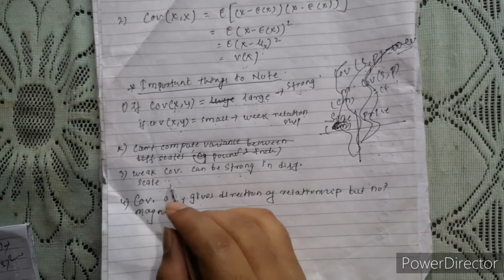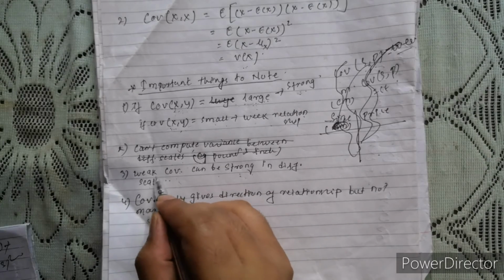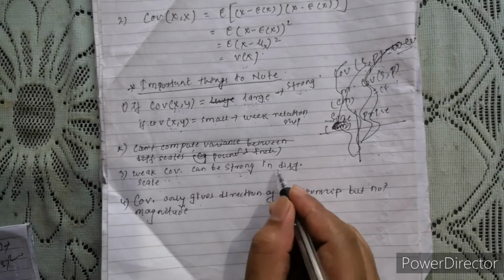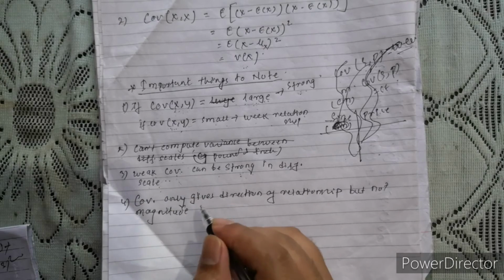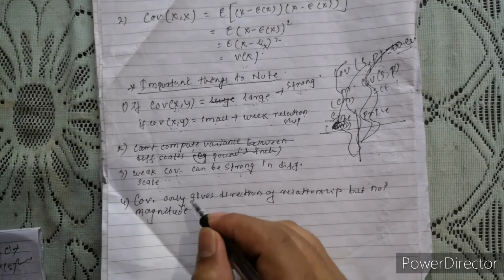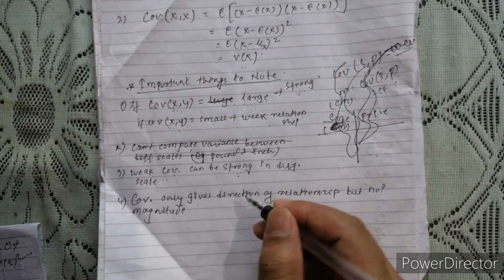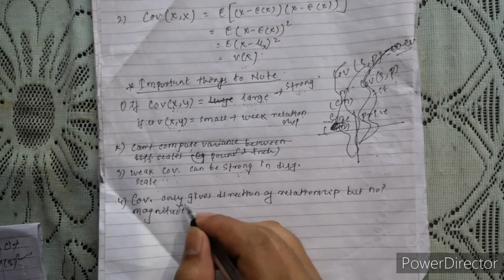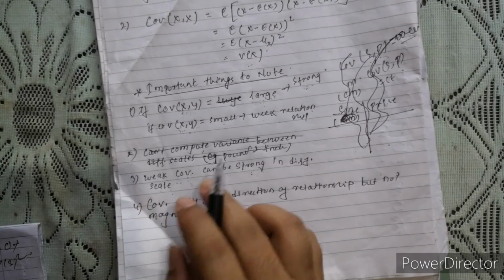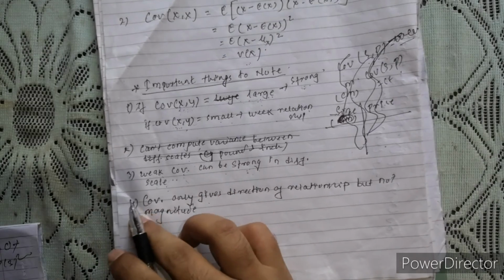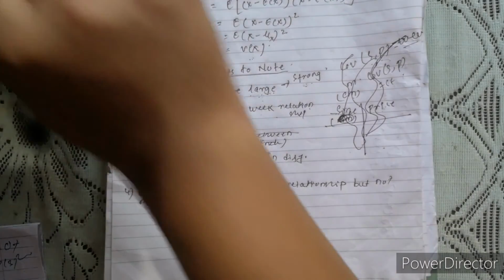Now the next thing that we need to understand is that weak covariance can become strong in a different scale, and vice versa. What it means is that for the same variables, when they are in a different scale, we will get a different covariance between the two variables. This concept can be easily understood with the help of an example.